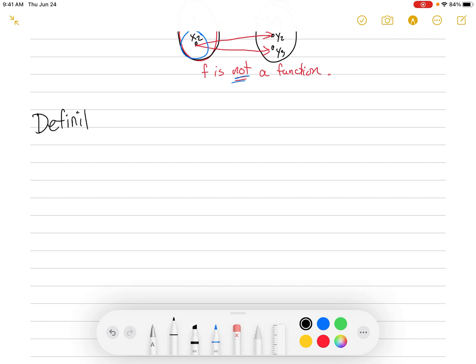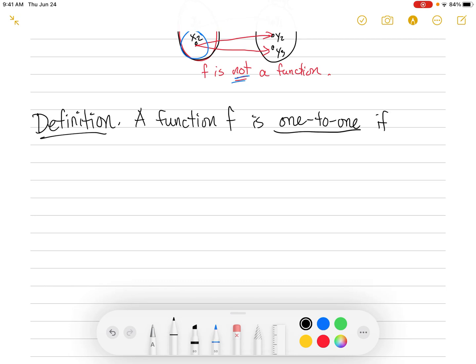Okay, so we want to talk about a more specific type of function, not just a general function, but a specific type of function called a one-to-one function. Definition, a new definition. What is a one-to-one function? A function f is one-to-one.